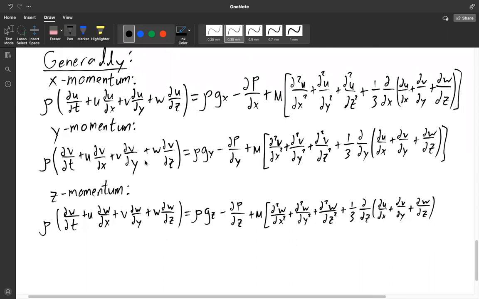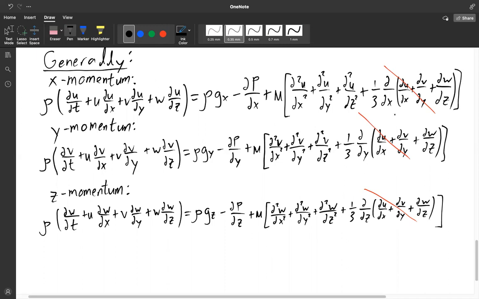We have the general equations for the momentum. And I'd like to note that if we are dealing with an incompressible flow, we would cancel these terms out, because recall that in the continuity equation, when we have an incompressible flow, the term inside of these parentheses equals 0.